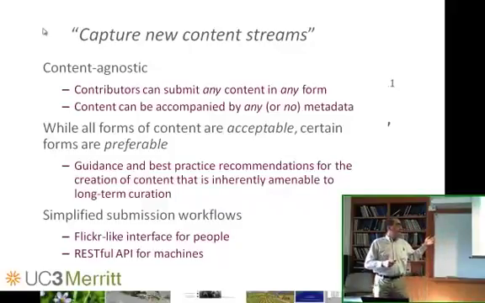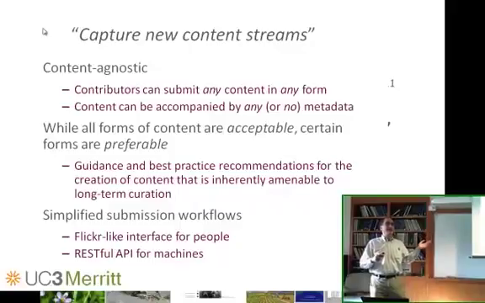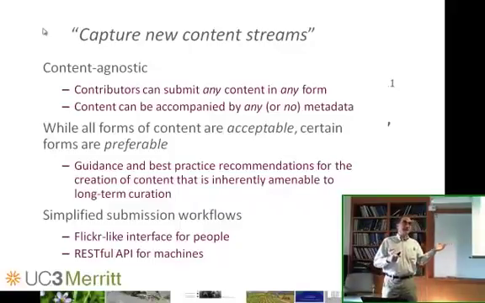So what we tried to do is look at a lot of new social media websites like Flickr, YouTube, and we're taking that as our benchmark for deciding what an appropriate user interface, especially for submission, should be. And we think, in fact, that we've been able to do that.